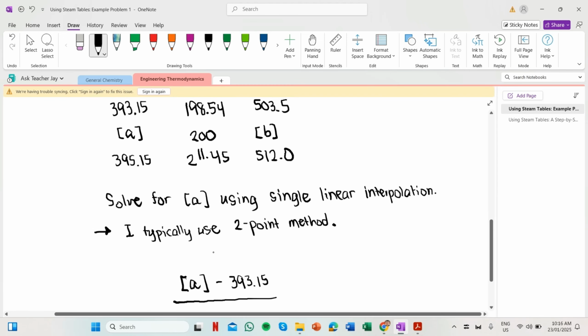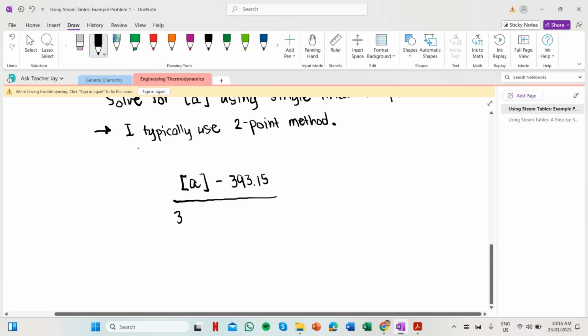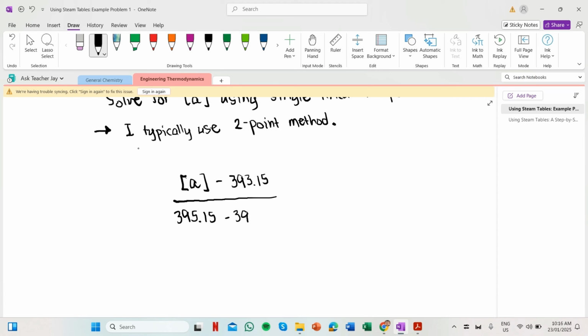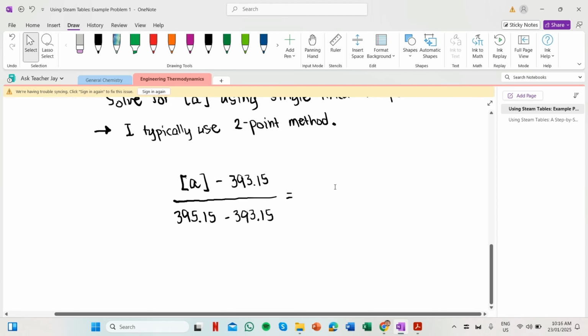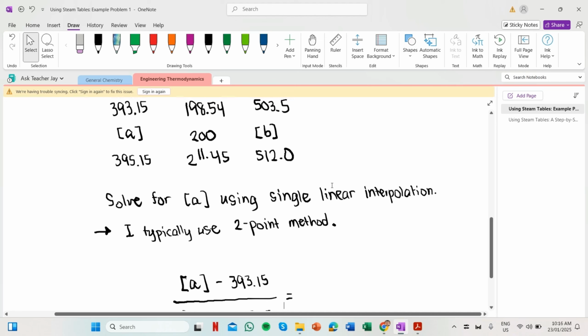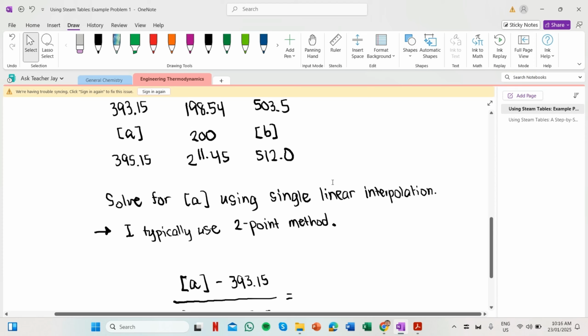So I copy the unknown minus the lower limit, and then divide it by the difference of the upper limit minus the lower limit. Since I do that pattern for the temperature data, I also do it for the pressure data, which should be used for the other side of the equation, since the goal is to only have one unknown in establishing this two-point method interpolation.